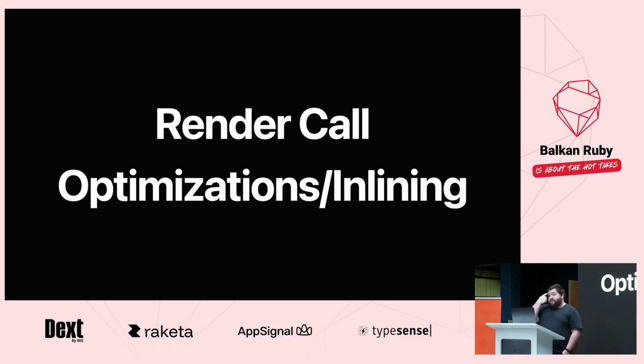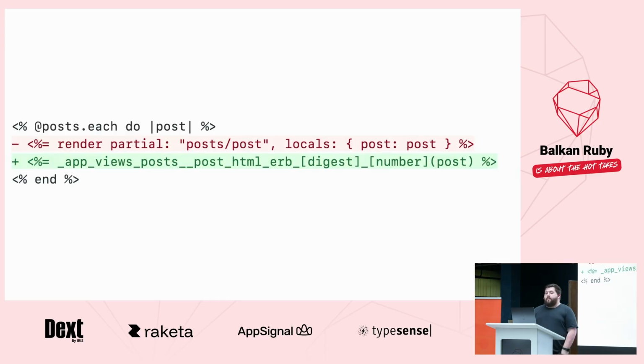The other thing we were looking at were render call optimizations. The most expensive operation in today's ERB templates are the render partial calls. ActionView itself defines our templates as methods internally. But what we can do now, instead of doing this lookup for the partials every time we try to render a partial, is rewrite this to use the compiled output method.